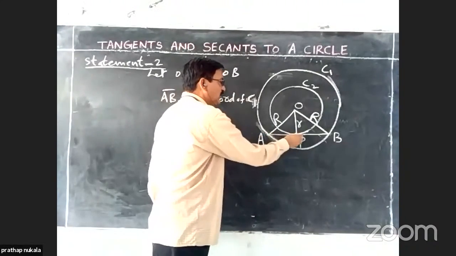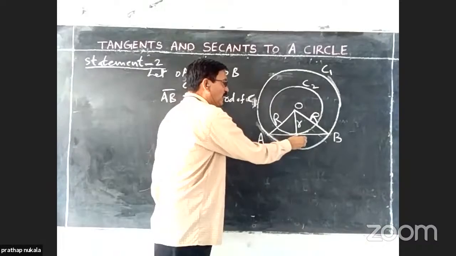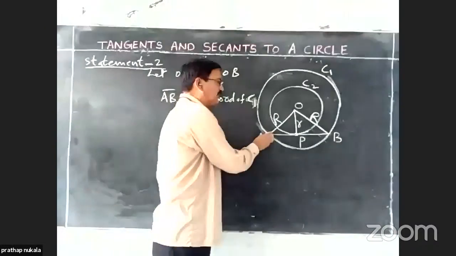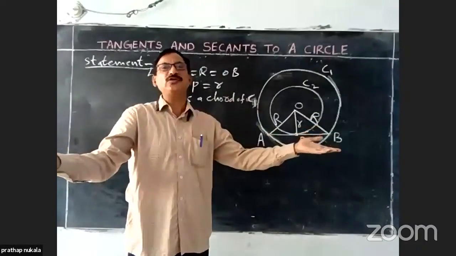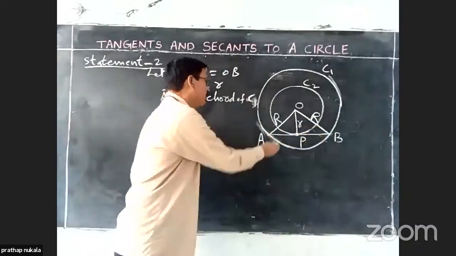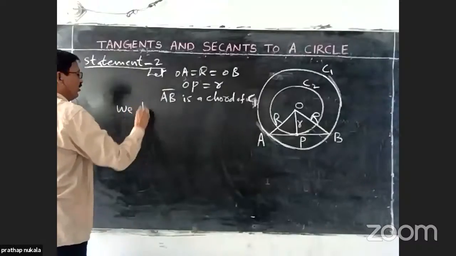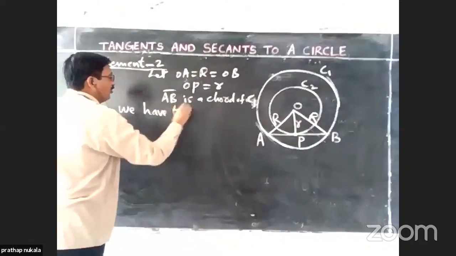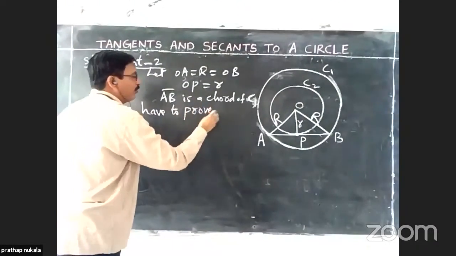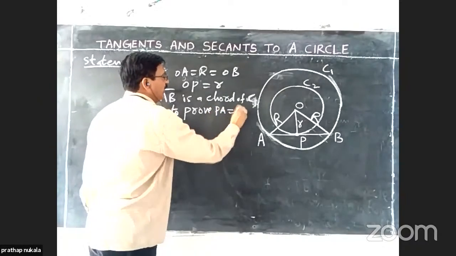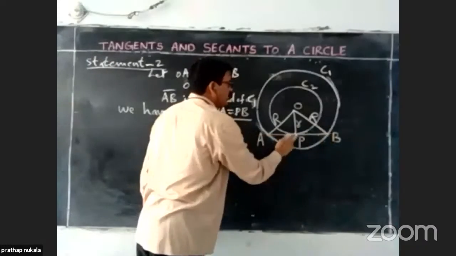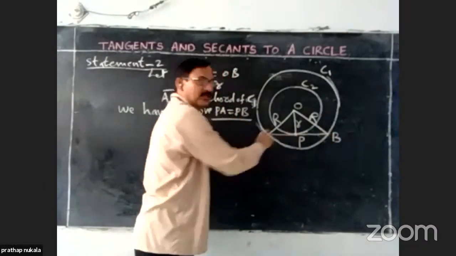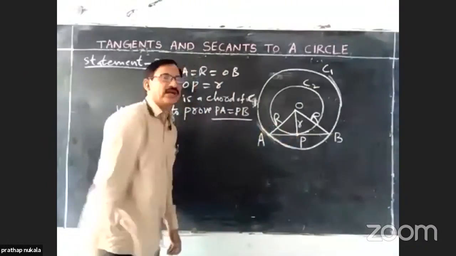That means we have to prove that P bisects the chord AB into two equal halves, that is, PA equals PB. If we prove PA equals PB, then the chord must be bisected by the point of contact.